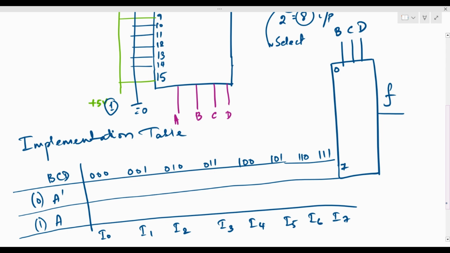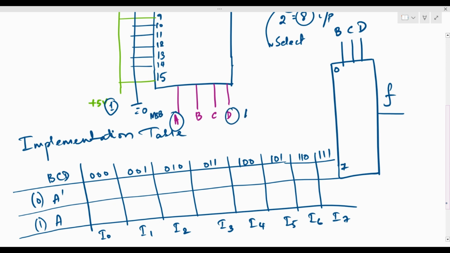We are now going to number these boxes just as how we number the minterms in a K map, only that here we are not following any gray code. But the most important thing is we need to ensure the order of these bits. That is, A over here is nothing but MSB, or most significant bit, and D corresponds to the least significant bit. So we are always going to read the number from A to D.